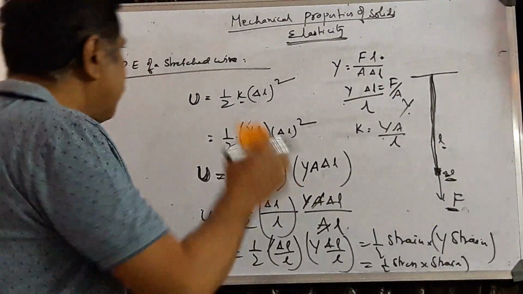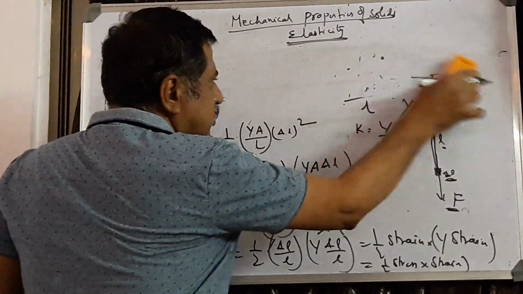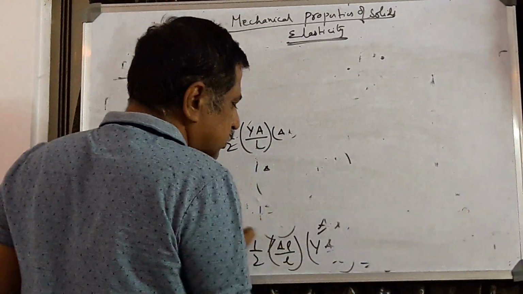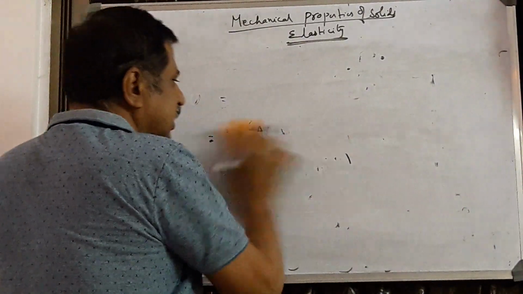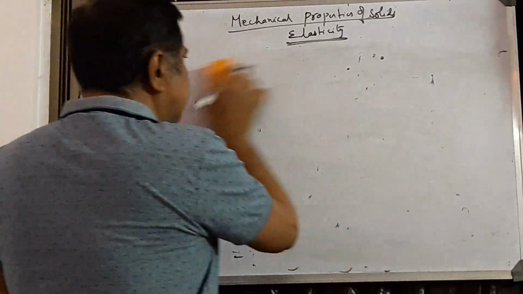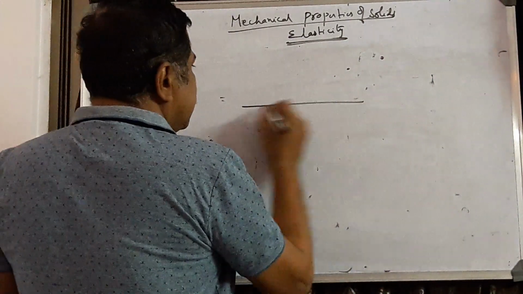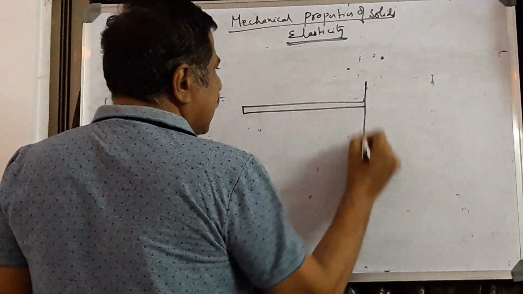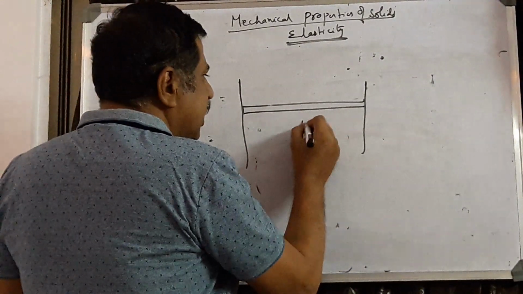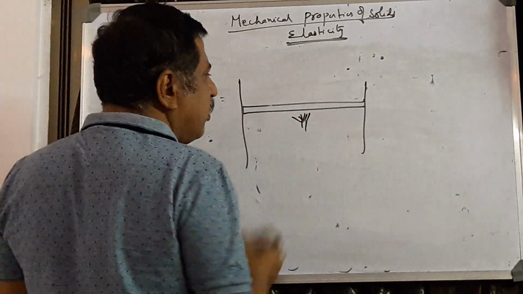Next one, thermal stresses. For example, a rod is fixed between two rigid supports and then heated or cooled. What happens if we heat this rod uniformly?